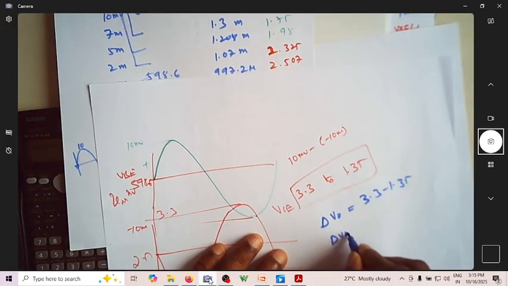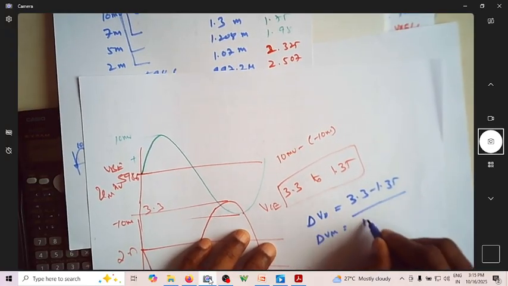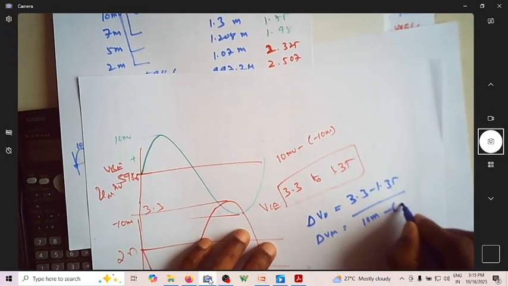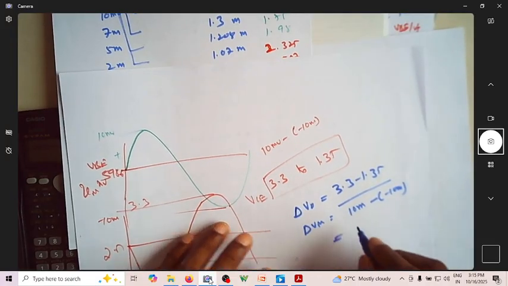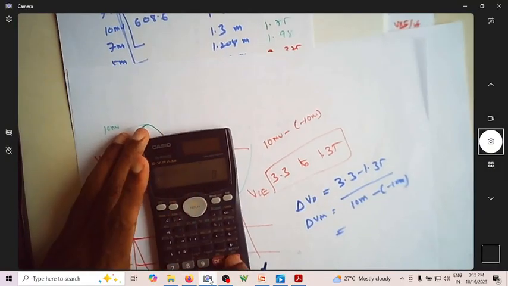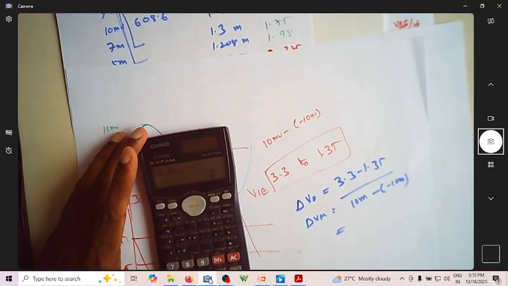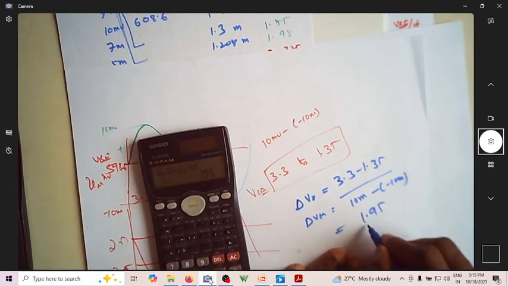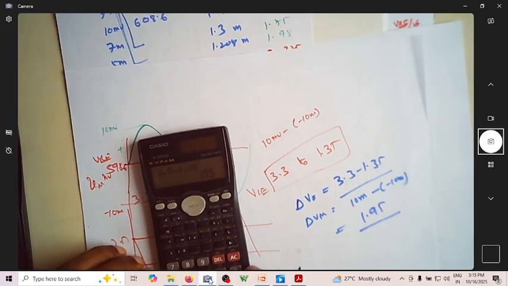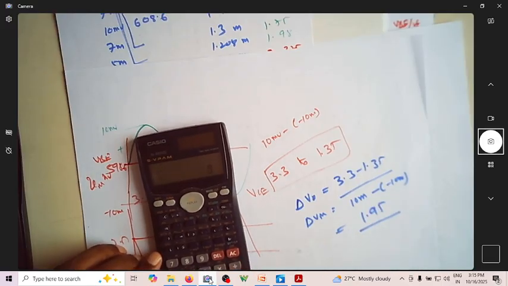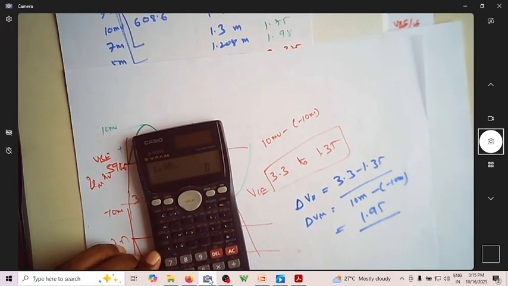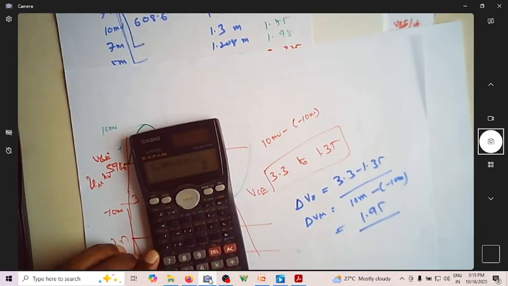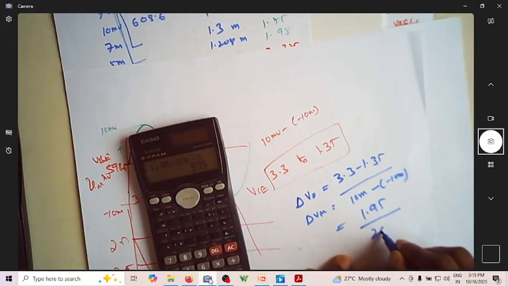What is delta V in? This change in V in is 10 milli to minus 10 milli. So 3.3 minus 1.35 is 1.95, and 1.95 divided by 20 milli. Can you see this is 20 milli?